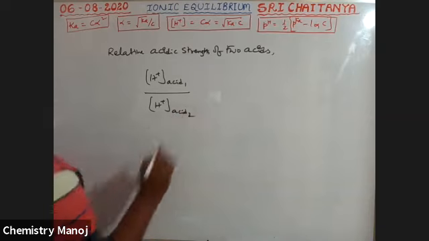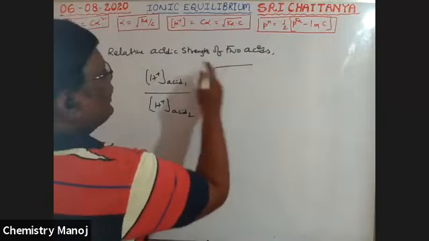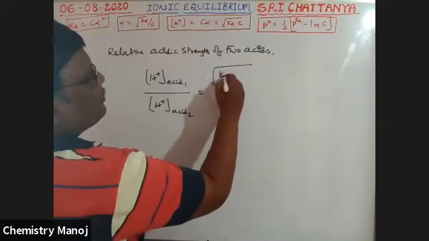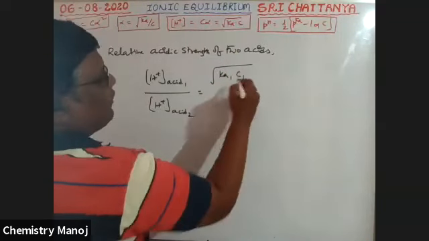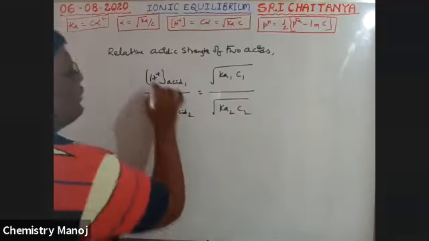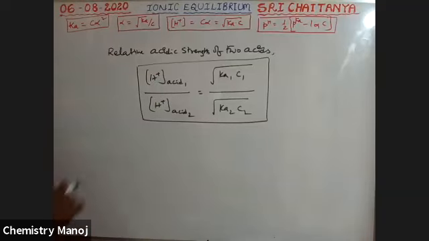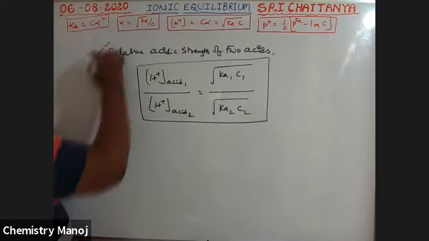This is relative acidic strength, which is equal to, H plus means under root Ka, so under root Ka1 C1 by under root Ka2 C2. If concentrations are same, that is C1 is equal to C2, it is under root Ka1 by Ka2. So it is the way to express relative acidic strength of acids.